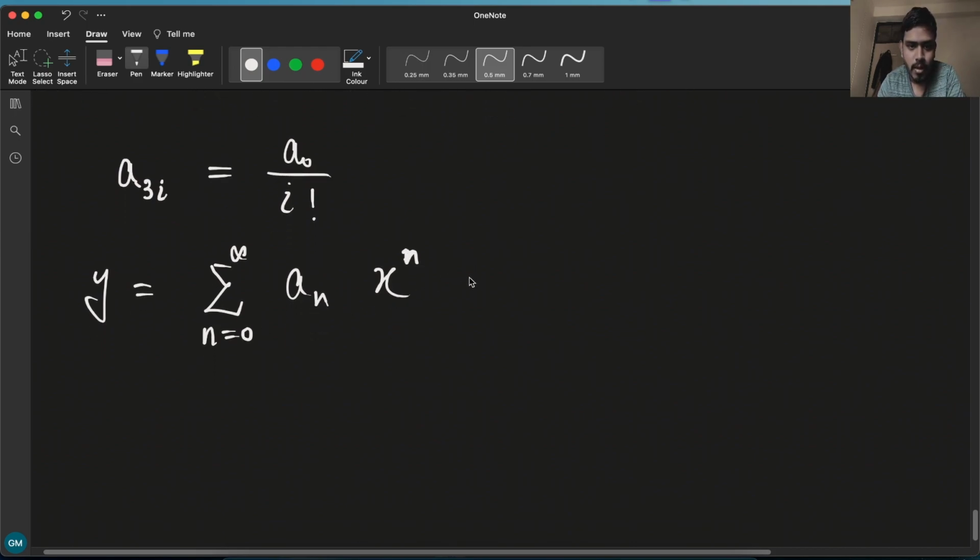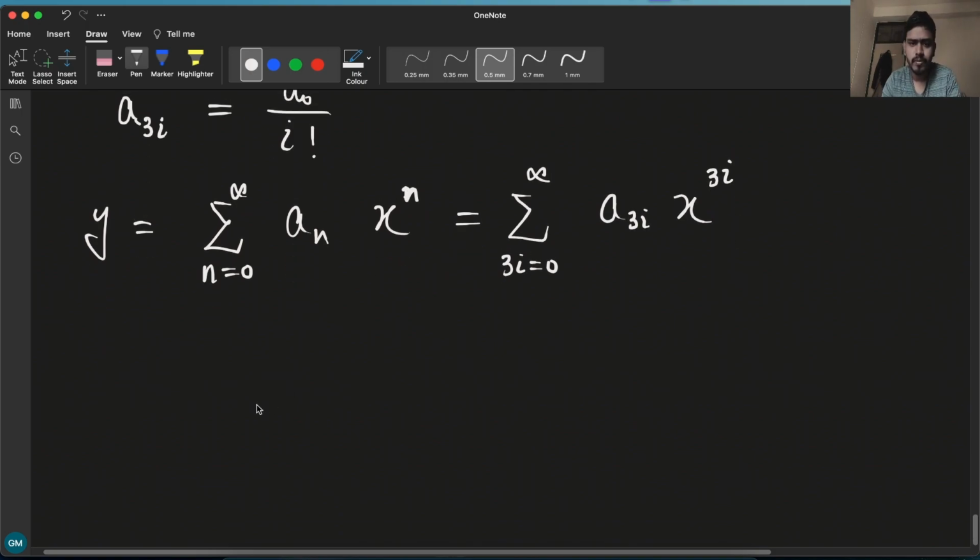And n is basically 3i, so only the 3i-th terms will survive. So the sum over i equals 0 to infinity of a(3i) x to the power 3i. Now 3i goes from 0 to infinity, which means i also goes from 0 to infinity.